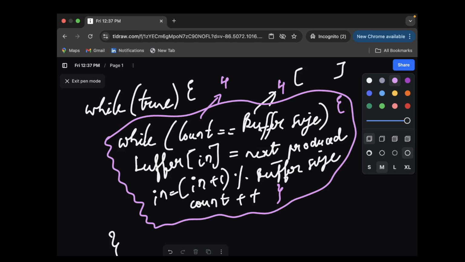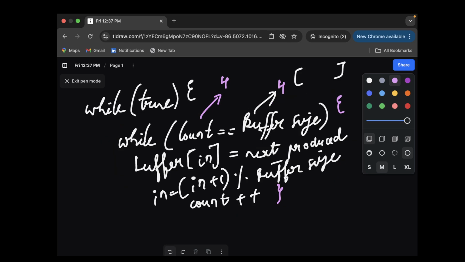And the code for the consumer will be the same thing, right? Oh, wait, this is some other loop.